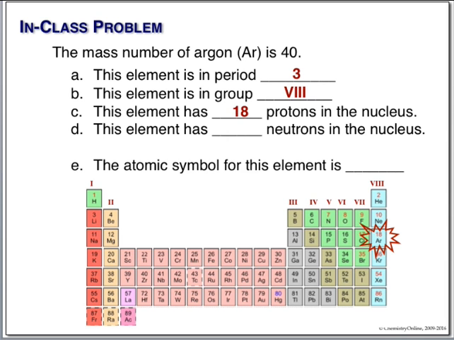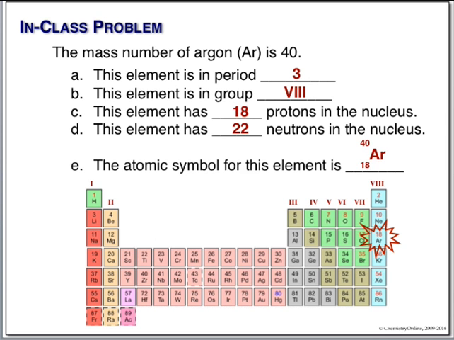Now, if the whole nucleus weighs 40 and 18 of those are protons, how many neutrons? 22. And so we write our symbol. Our chemical symbol Ar. Our superscript is our mass number, that's 40. Our subscript is our atomic number, that's 18. And it looks like that.